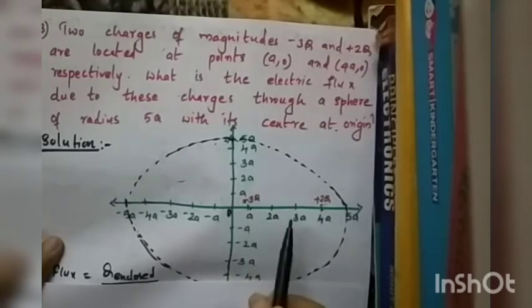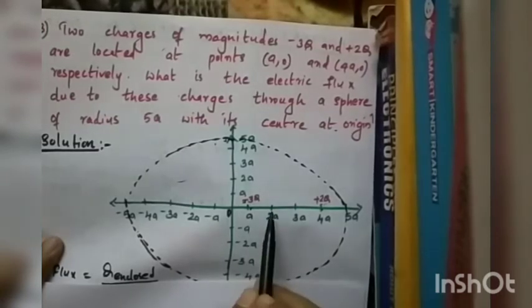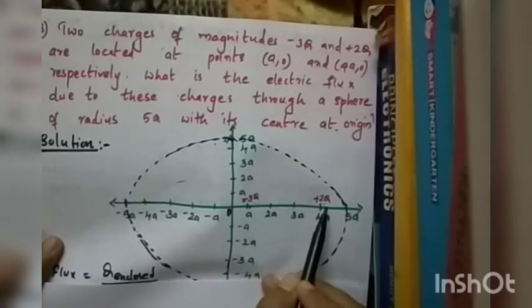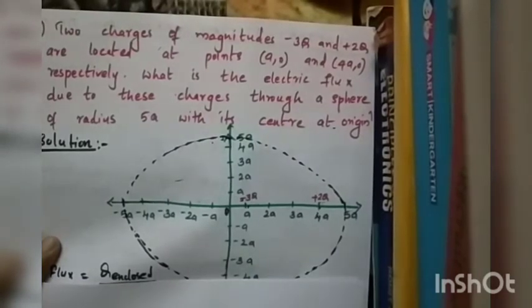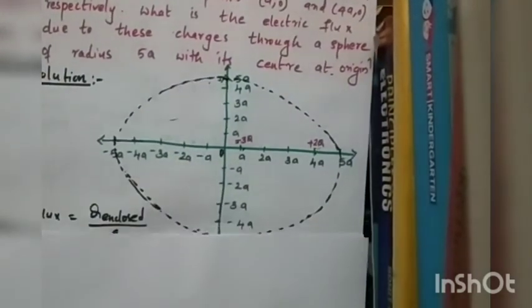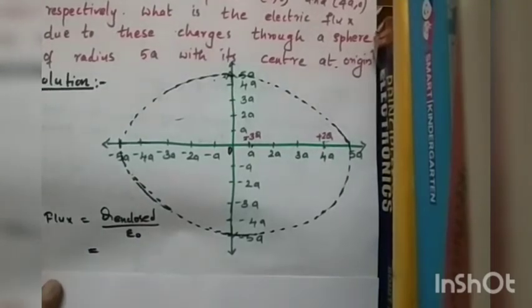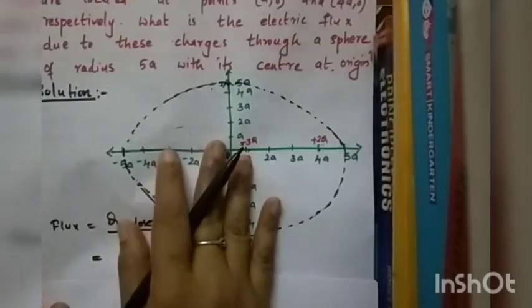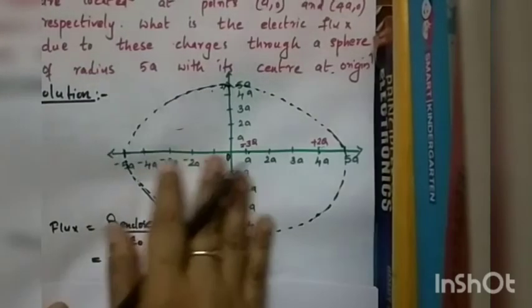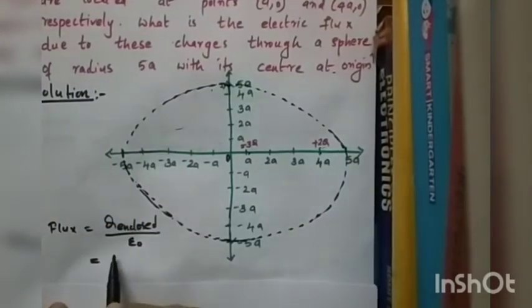How many charges are there inside the closed surface? Two charges are there, minus 3Q and plus 2Q. So what is the total flux passing through the sphere? What is the equation? The equation is Q enclosed by epsilon naught, right? And how many charges are there inside the sphere?